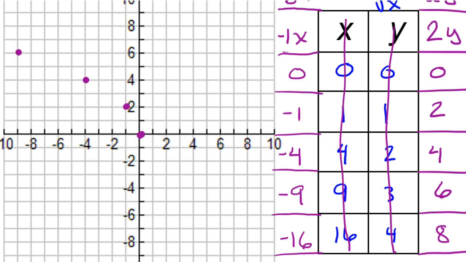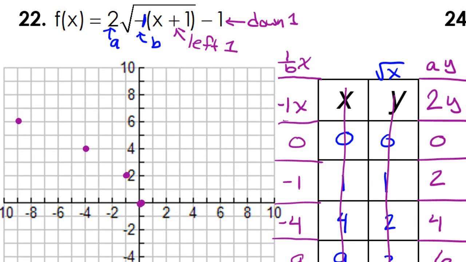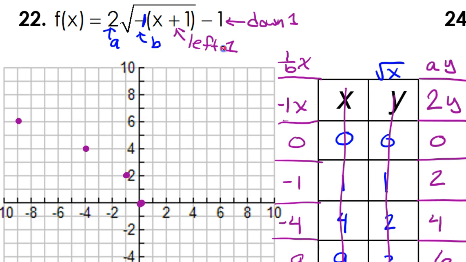This is just a skeleton, but we can use this skeleton to help us do the final two transformations, which are left 1, down 1. Okay, so left 1, down 1, left 1, down 1, left 1, down 1, left 1, down 1. Okay, so this will be the final position of my square root curve.